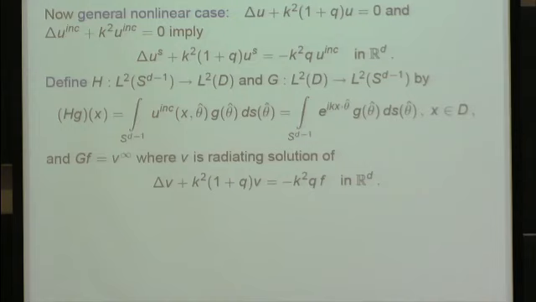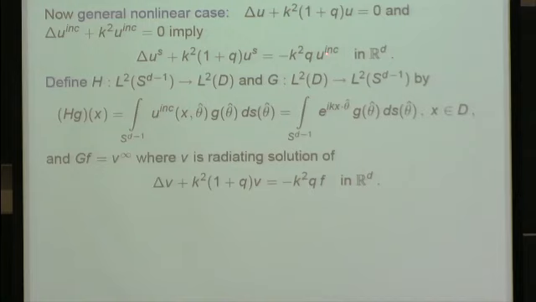Now, what is that? The far field operator, what does it do? Our U is now the superposition with g there. So you have to superpose that, and instead of the incident field, you get the superposition.